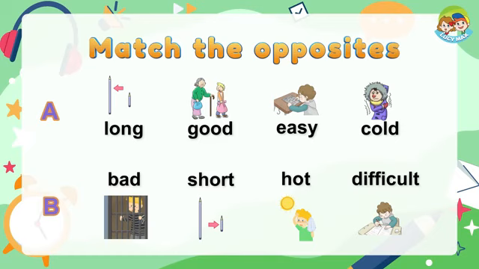The opposite of good is bad. Easy. The opposite of easy is difficult. And the last one is cold. The opposite of cold is hot.